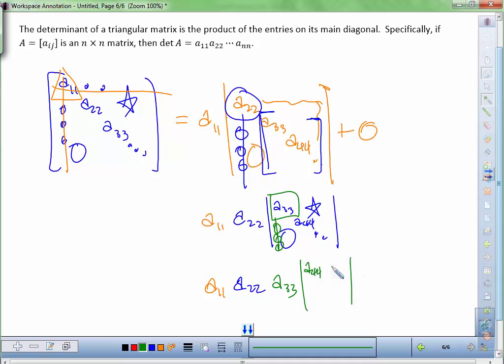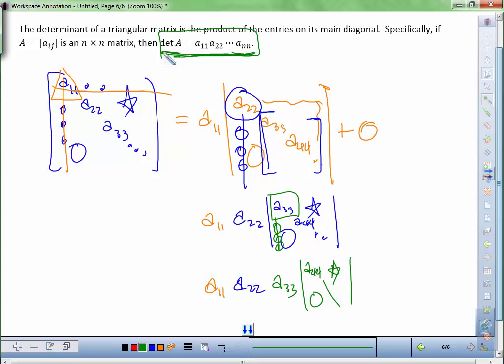So you see that there's a pattern here that, again, not a formal proof, but it seems pretty obvious from here that the product of the diagonals will end up being your determinant.